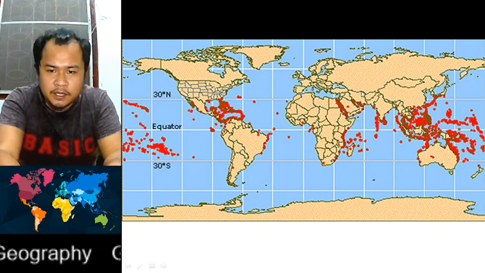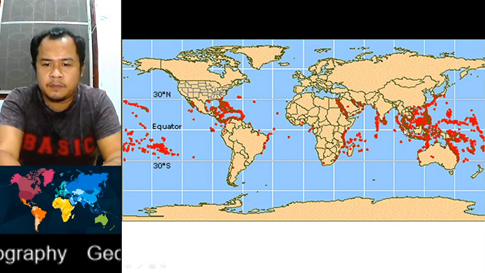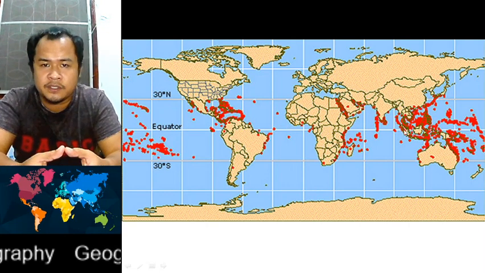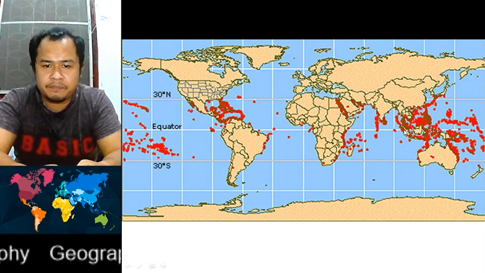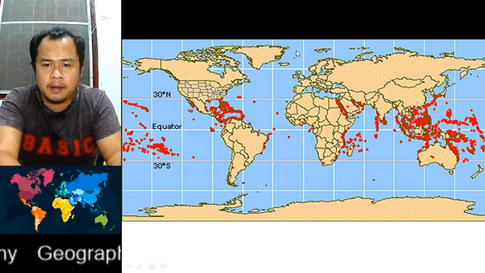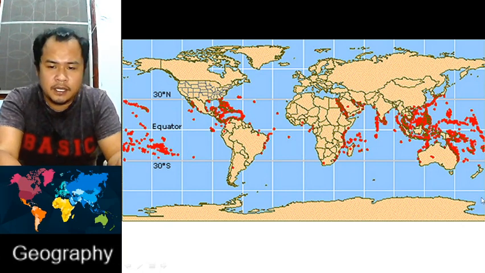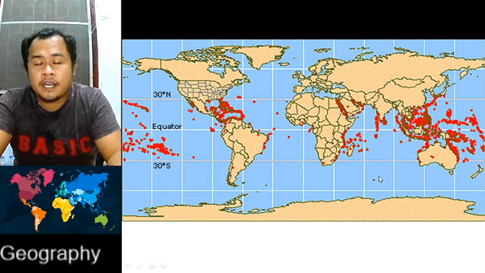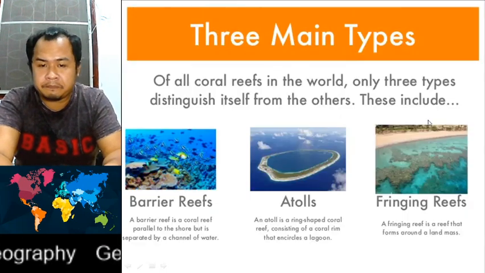So along these parallel lines, these dotted areas are the places where coral reefs would form. And as you can see, there is not much near the poles in the Arctic Circle and the Antarctica. Later on, again, you will find out why they live only along this area.